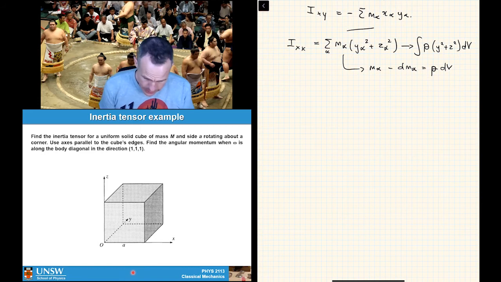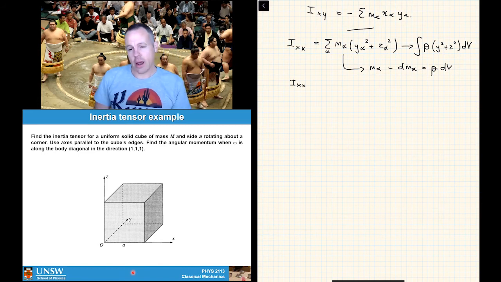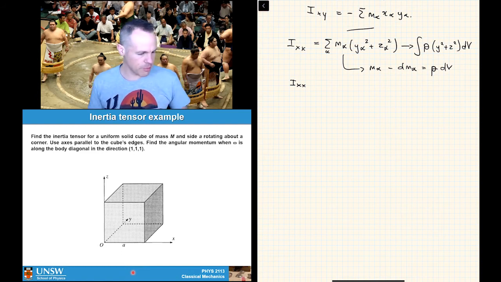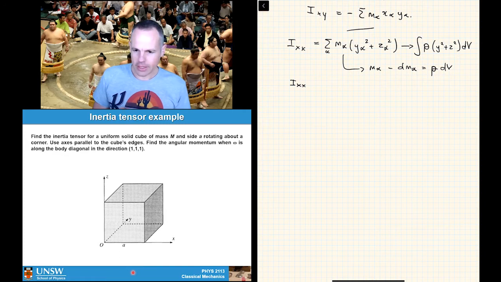All right, so to get Ixx, we're now doing an integral over volume dv, and as you know from your real analysis courses, which you probably have as bad nightmares about as I do, this is now an integral in 3D space, right?